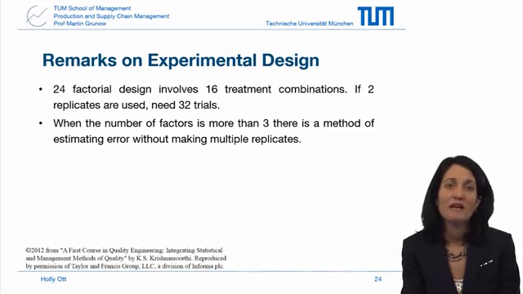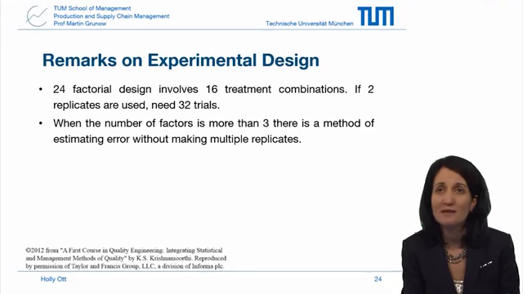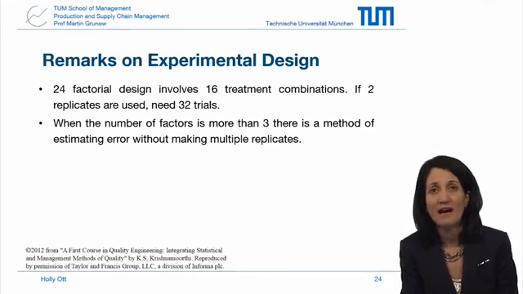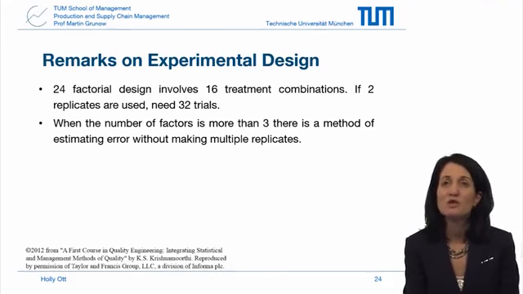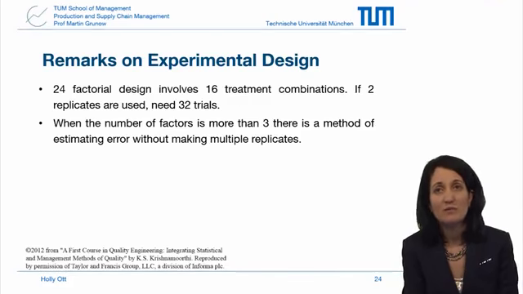So for example, if we have k equals 5, so we have 5 different factors and we need 2 replicates, we need 64 trials, which is very, very high. And so therefore, statisticians have derived different methods to eliminate the need for a second replicate.